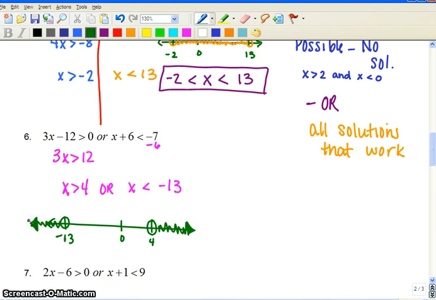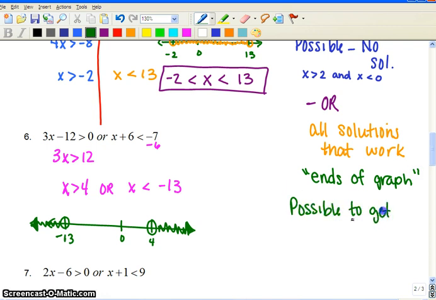Now that's a very typical "or" graph. I like to think of that as the ends of the graph. It is possible to get all real solutions. It is not possible to get no solution for an "or" problem.